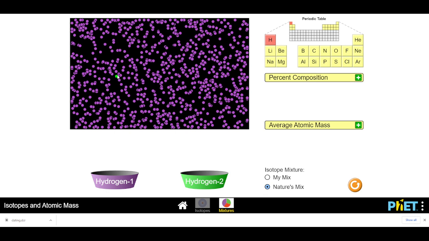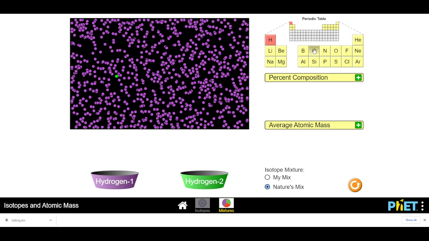Some of them don't, but a lot of them do, and they exist in different proportions within a sample that naturally occur. Remember, this is in nature's mix. So I want you to do hydrogen, just a quick sketch of a picture. Color would really be helpful to draw that.